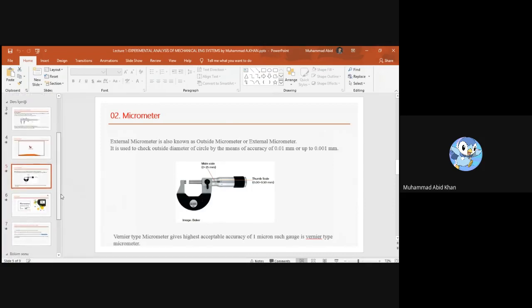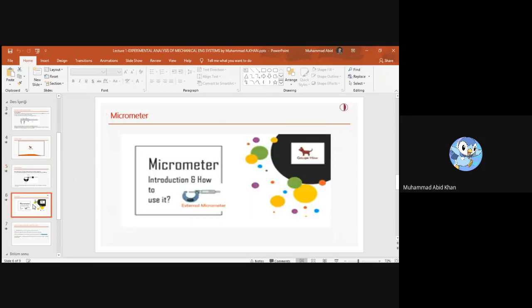And the same application we studied in the first one, Vernier, the same usage we will see in the next video. Please see this one.